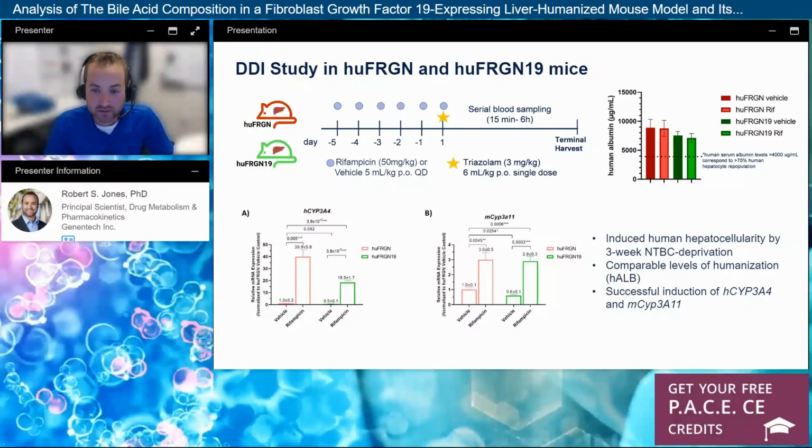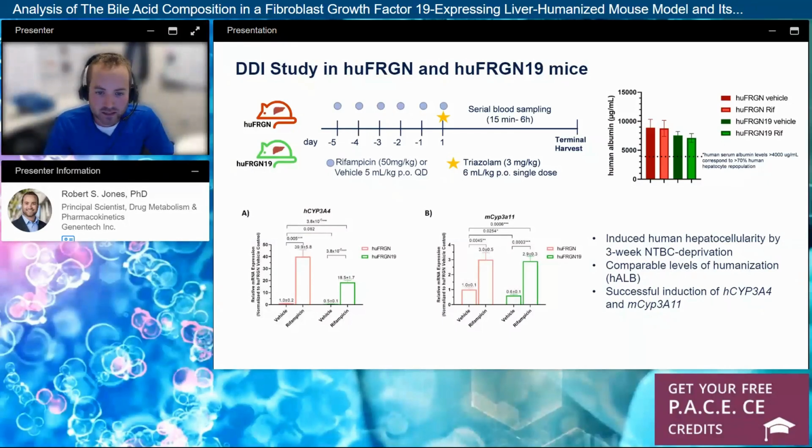And then after 5 days of administering rifampicin, we administered triazolam at 3 mg per kg, and then performed a pharmacokinetic study to look at not only the triazolam exposure, but also the two primary metabolites of triazolam, 1-hydroxy and 4-hydroxy. We did perform serial blood sampling, and from the two figures on the bottom, we were also able to look at the mRNA expression.